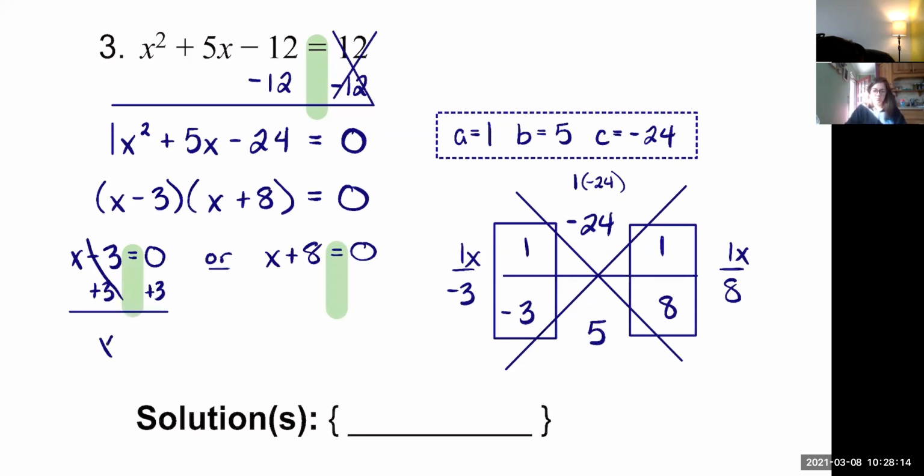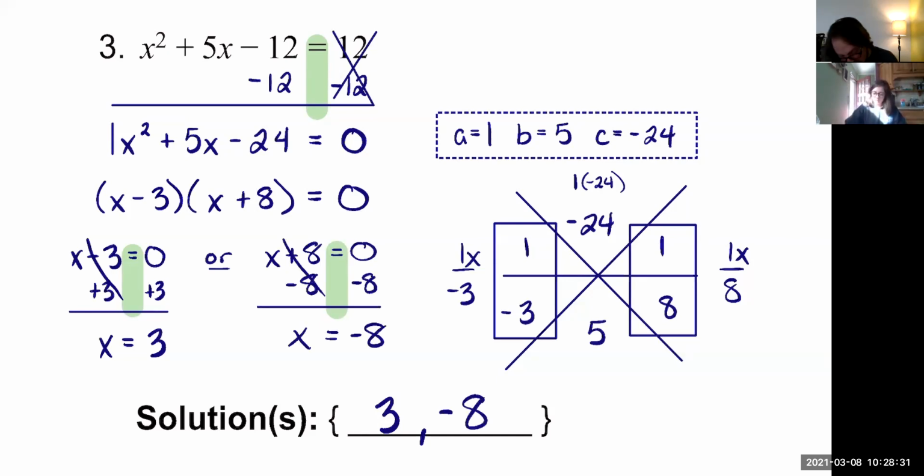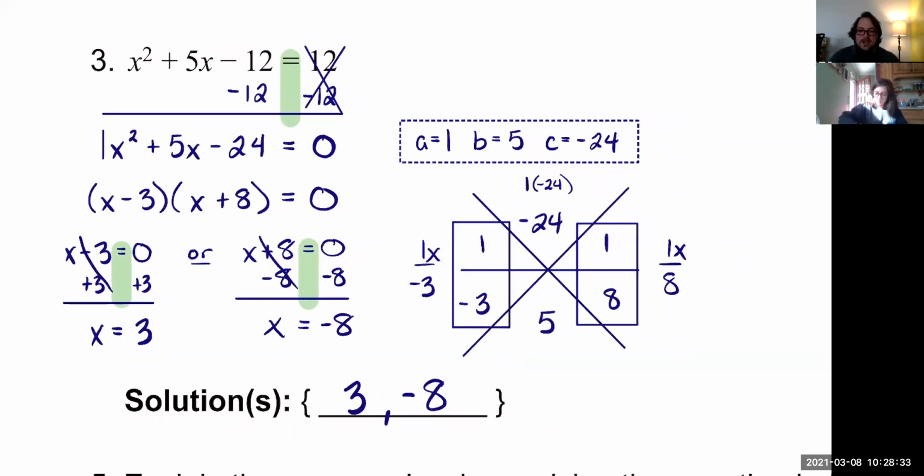So I get x equals 0 plus 3, which is 3. How would you solve the second? Minus 8 from both sides. x equals 0 take away 8, which is negative 8. And it looks like I get the two solutions, 3 and negative 8.